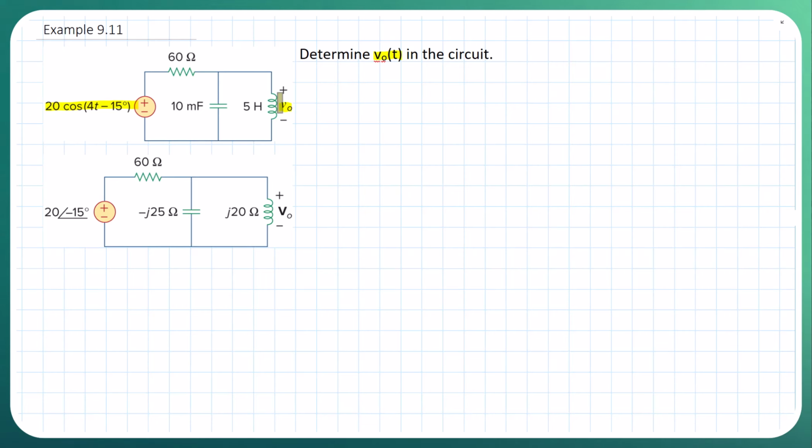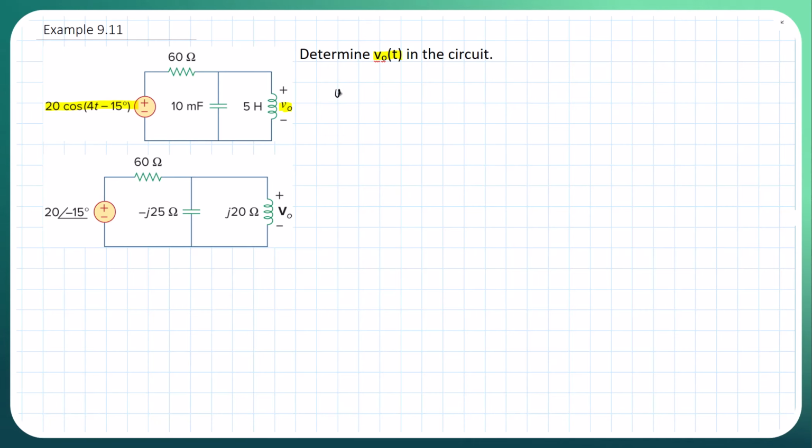So to illustrate using phasors and phasor domain or frequency domain, we want to convert this circuit into this circuit down here to help simplify our analysis. So let's go ahead and write this down.